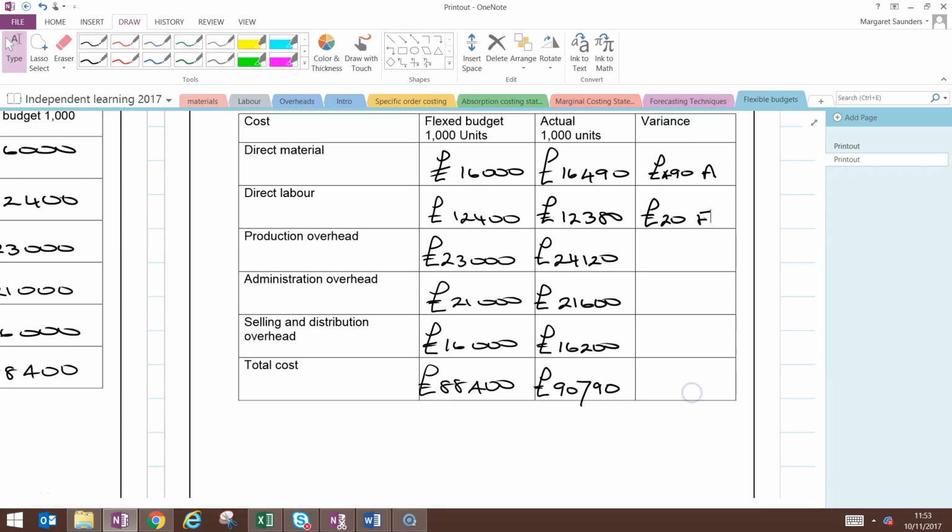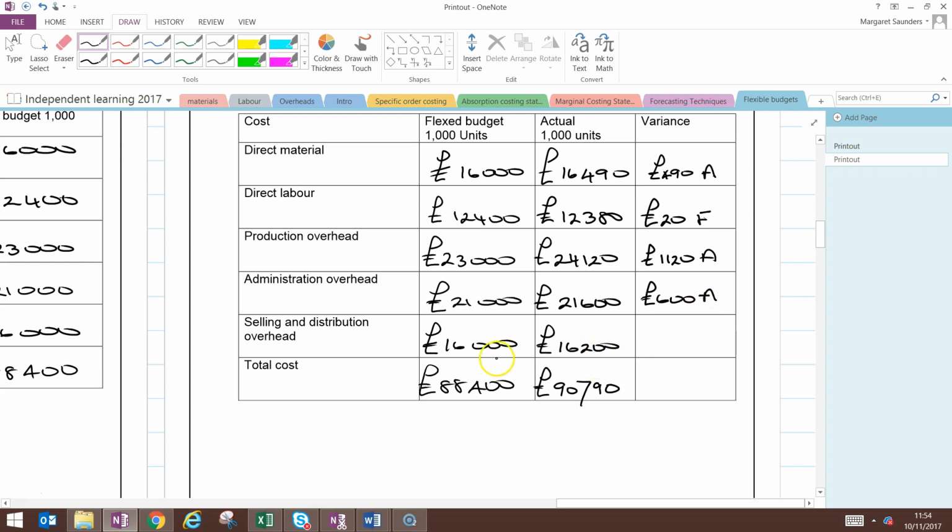The production overhead, the difference is 1,120. Again, the actual exceeds the budget, so we spent more than we planned, so that is adverse. The administration, there is £600 difference, and the actual is more than the budget, so it's adverse.